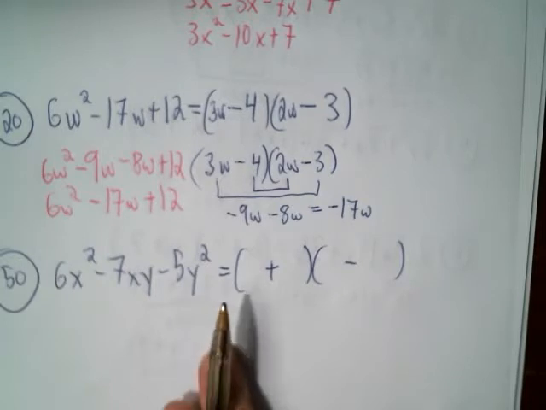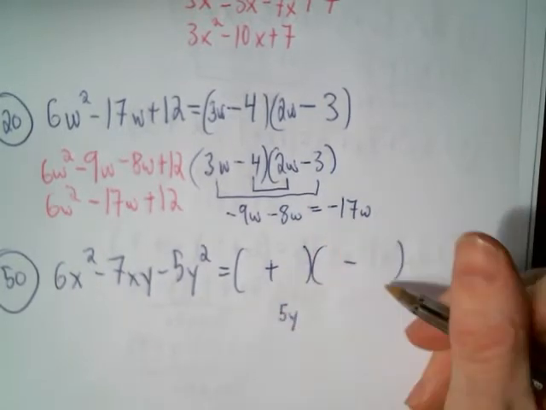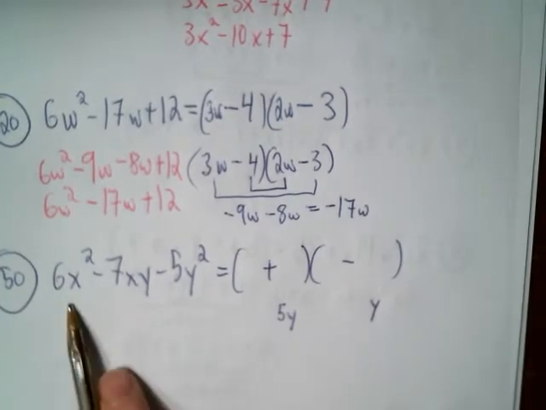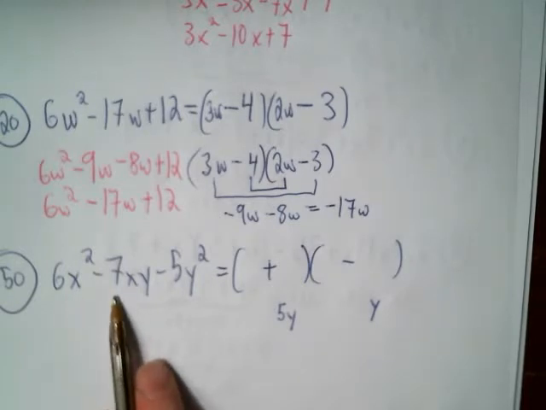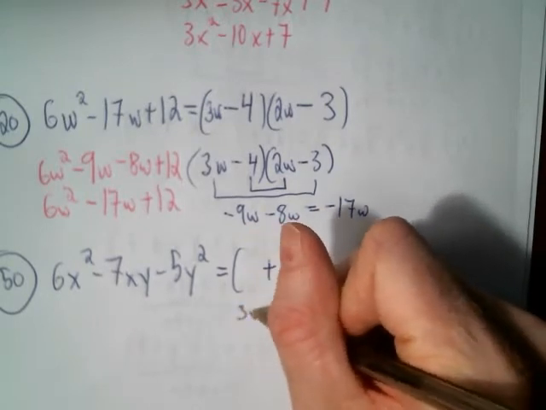The 5, we're going to have 5 and 1. And of course, we'll have to slip in a y. And then with the 6, you could say, all right, it has to be 6 and 1, but you would be left too far away from 7 when you do the outer and inner. So it's got to be 3 and 2 or 2 and 3. So we'll try 3 and 2.